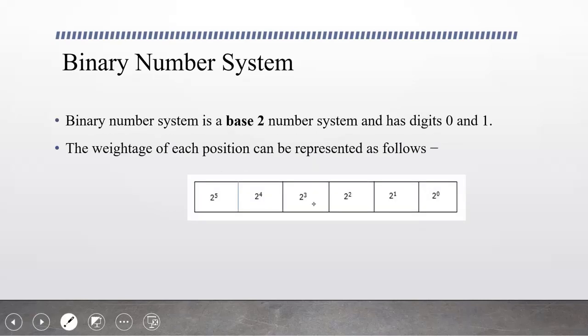Binary is a base 2 number system that has digits 0 and 1. The weightage is 2 power 0 for the least significant bit, 2 power 1 for the bit at the first position, 2 power 2, 2 power 3, 2 power 4, and for the bit at the fifth position, 2 power 5. The base is 2 because it's a binary number system.